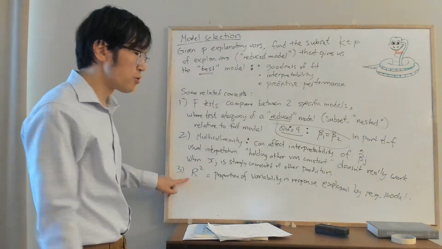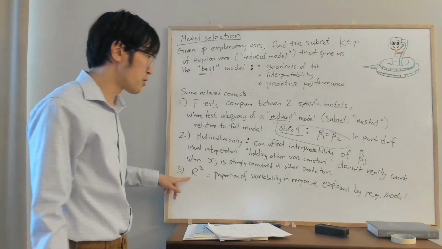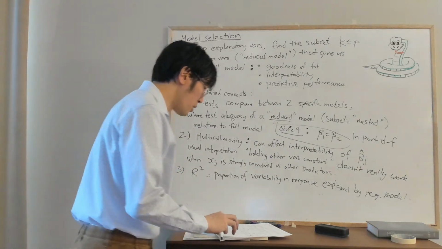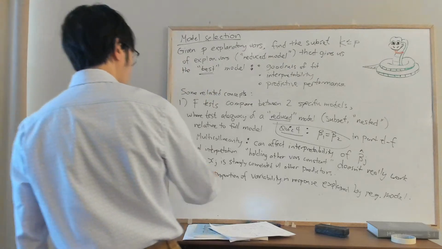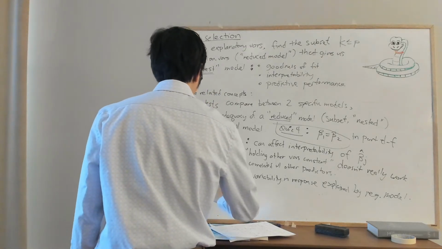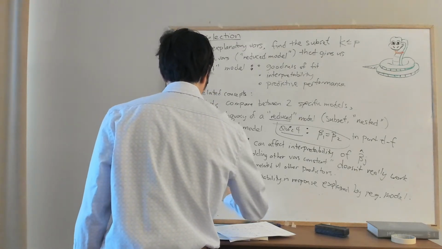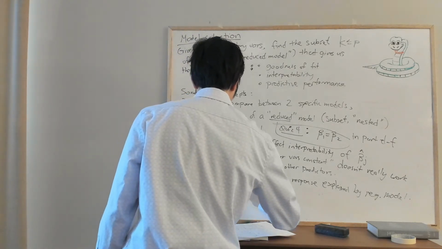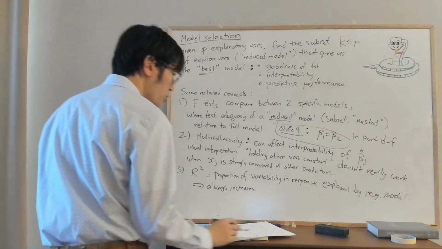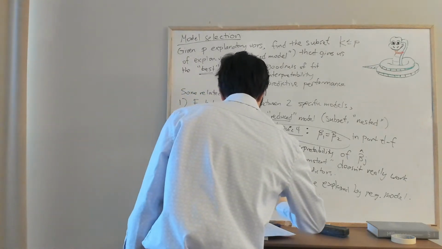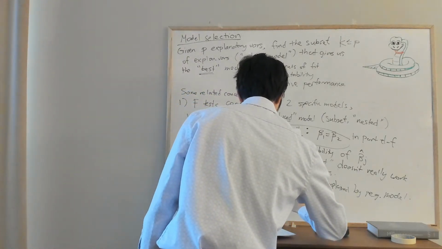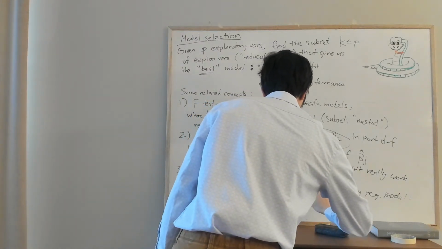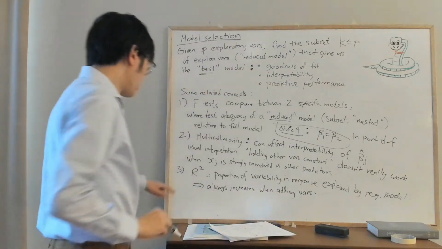And we made a note of how R squared changes when we add variables to the regression. The key thing here is to point out that it always increases when adding variables to the model. Why is that?